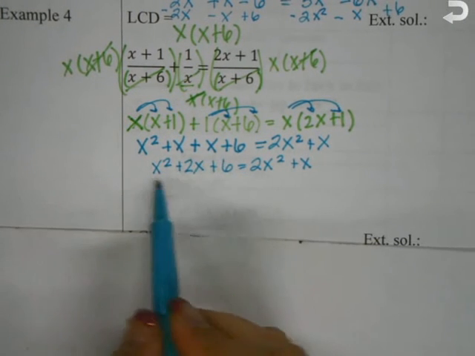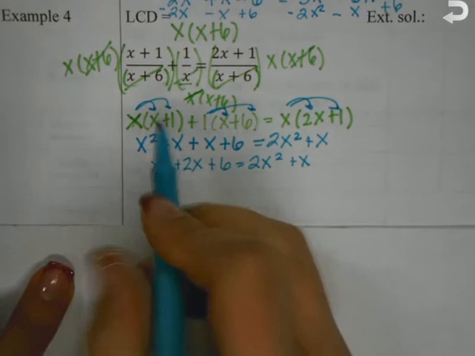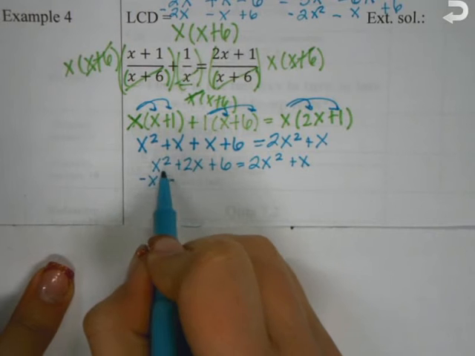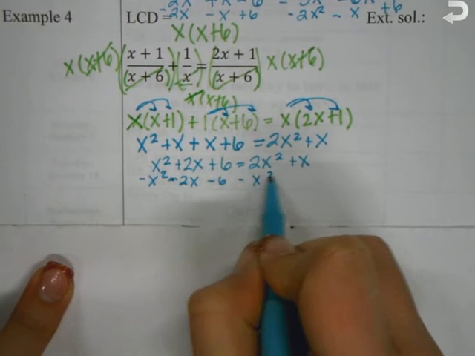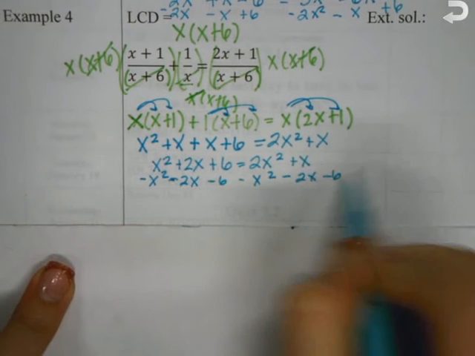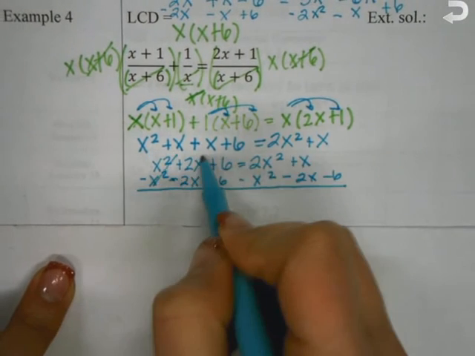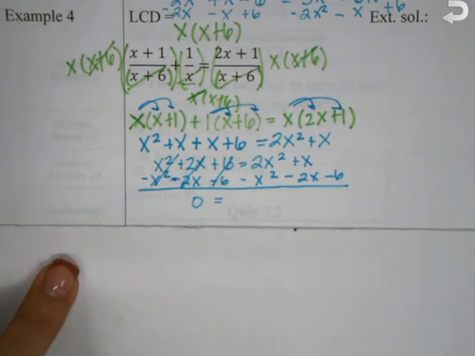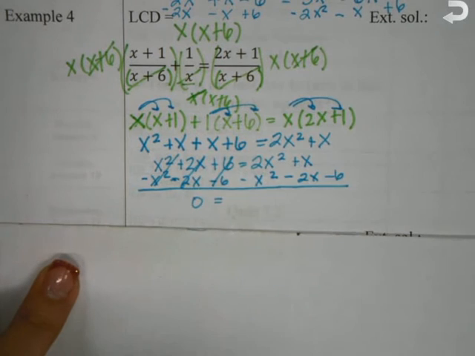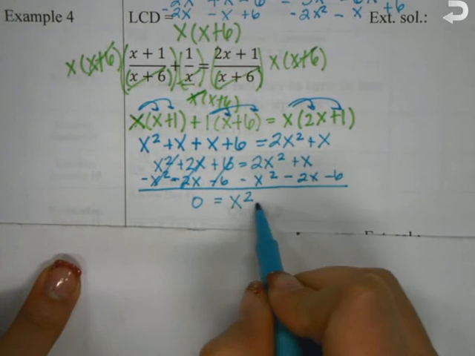So all of these are going to cancel, and I'm going to have 0 on the left equals 2x squared minus x squared is positive x squared minus x minus 6. Okay, so we would get x squared minus x minus 6 is equal to 0, because the order doesn't matter for that. And then we can factor this.